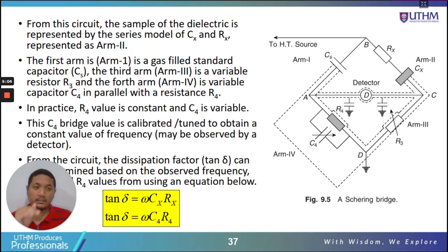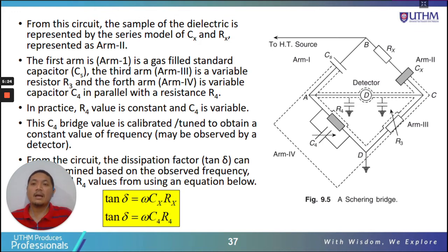This is in arm 2. Arm 1, arm 2, arm 3, arm 4, and this is the null detector that we need to balance. We need to balance the bridge by looking at the detector.